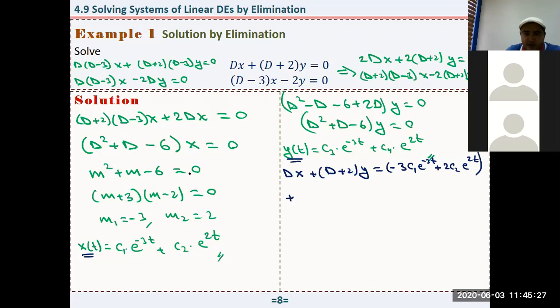Plus, now here we have dy. What is dy? dy is minus 3 c sub 3 e to the power minus 3t plus 2 times c sub 4 e to the power 2t.